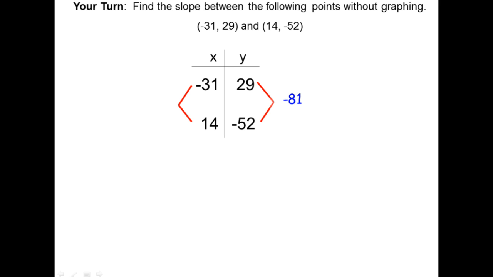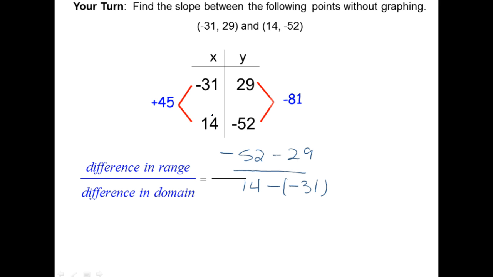Again it's negative 52 minus 29 over 14 minus negative 31. Notice I started with negative 52, so I have to start with a 14. And here the slope will be negative 9 over 5.